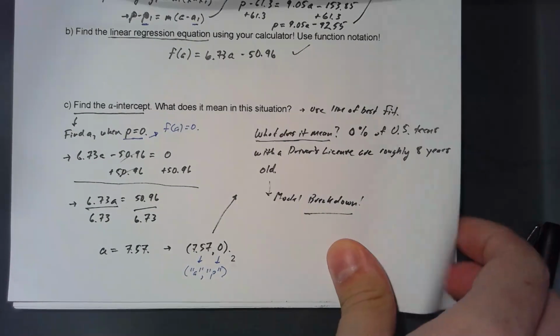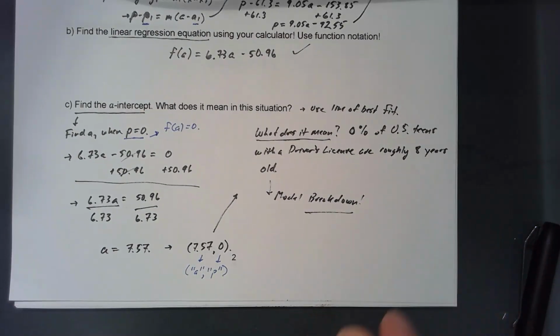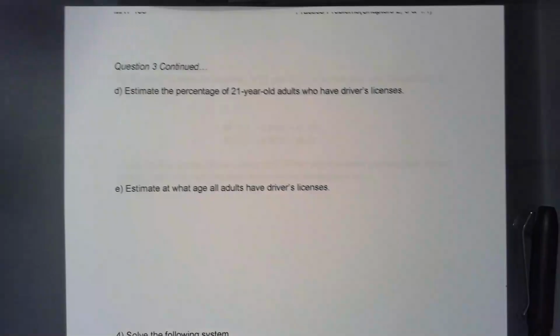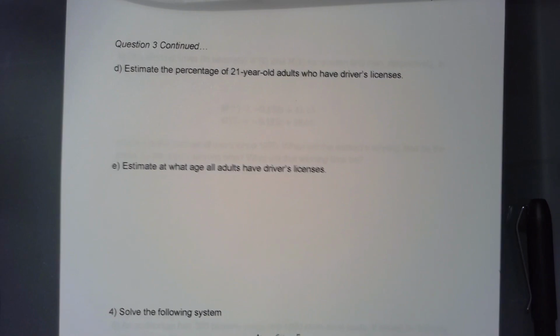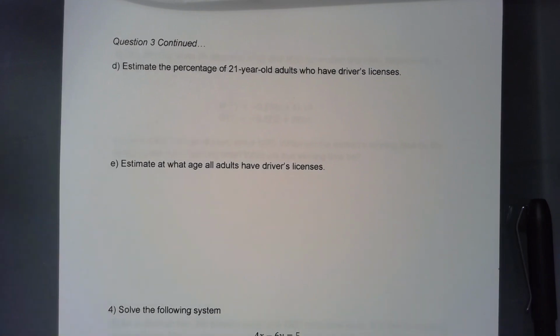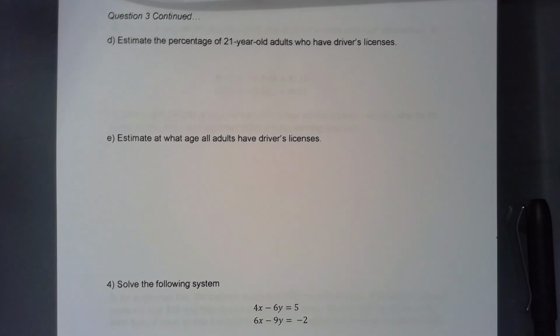Okay, so if I go on to the next page, question, going to the next page. So this problem still continued. And letter D, I say estimate the percentage of 21-year-old adults who have a driver's license. Okay.